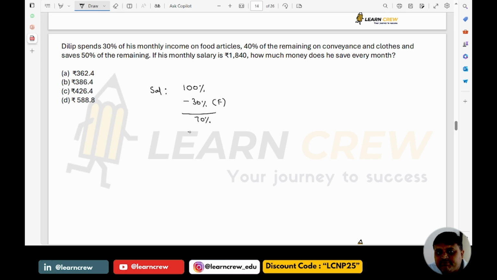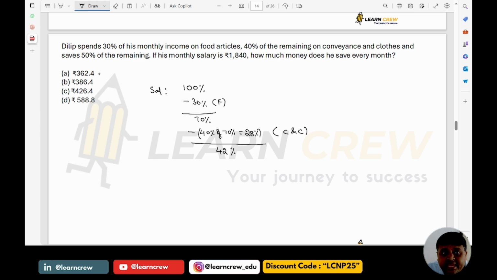So in this 70%, 40% of 70% means how much? 10% of 70 is 7. 40% means 4 times 7, which is 28%. So out of remaining 70%, this 28% is on clothes and conveyance. 70 minus 28 is 42%.